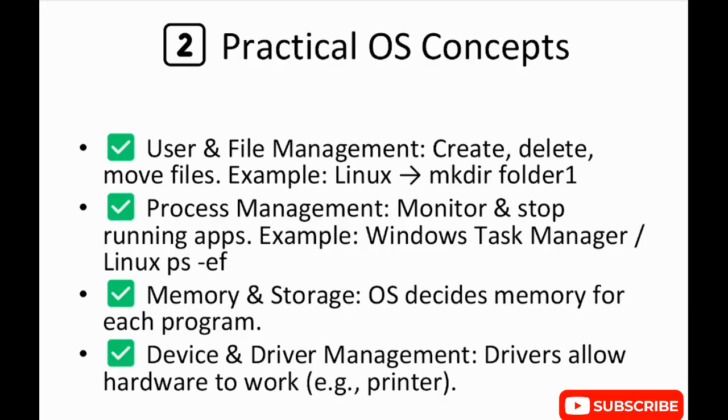So you can manage the process. And in Linux, we use the command ps -e. So process status. In this way, you can see all the details of the processes.